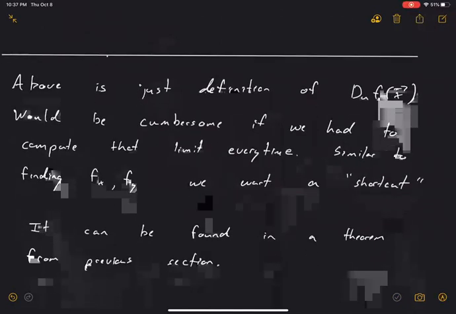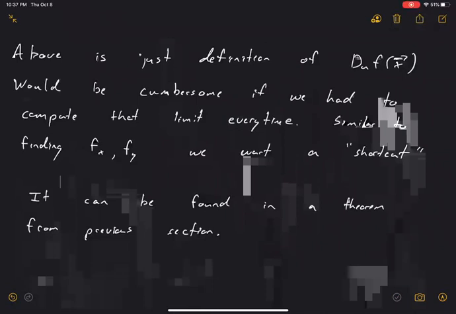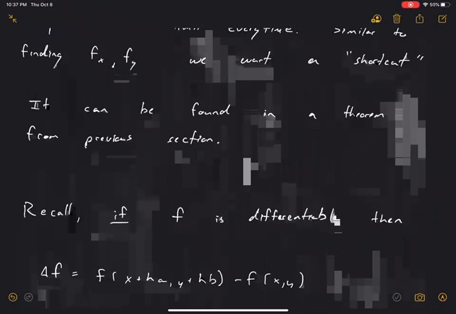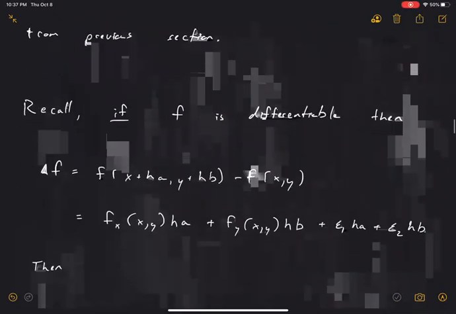We can find this shortcut inside our theorem from the previous section 14.5. Let's say our multivariable function f is differentiable. Remember what that means: we have a linear approximation.